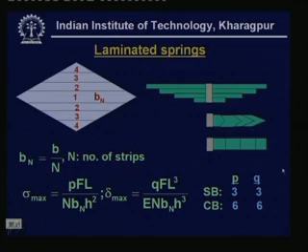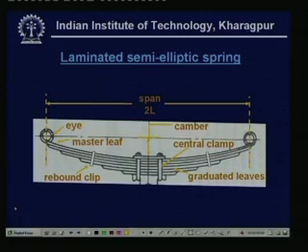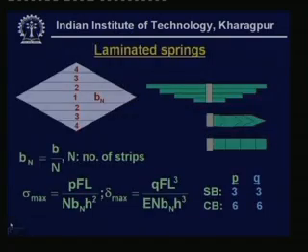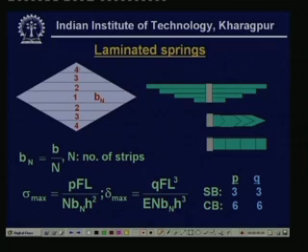So, this is the concept of laminated springs. In the earlier slide we have seen that we could design this value of b, which, as I was telling, is too big to accommodate in certain cases.